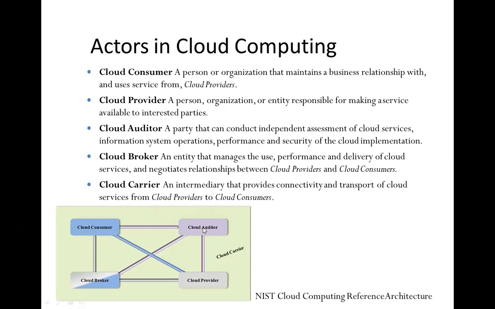So this cloud auditor is interacting with the cloud provider and cloud consumer. So auditor will audit the various services provided by the provider. And in the same way, the broker is interacting with the auditor, consumer, and the cloud provider. So this is a diagram of how these broker, auditor, consumer, and provider are interacting with each other.